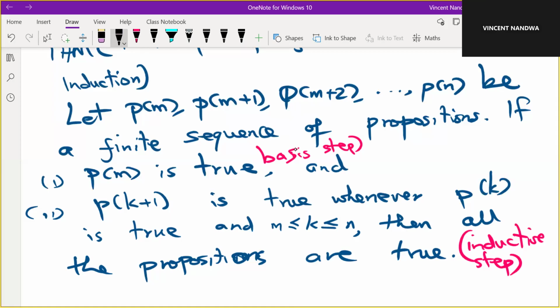Good. So then now we can give a summary on the steps you need to follow to do mathematical induction.